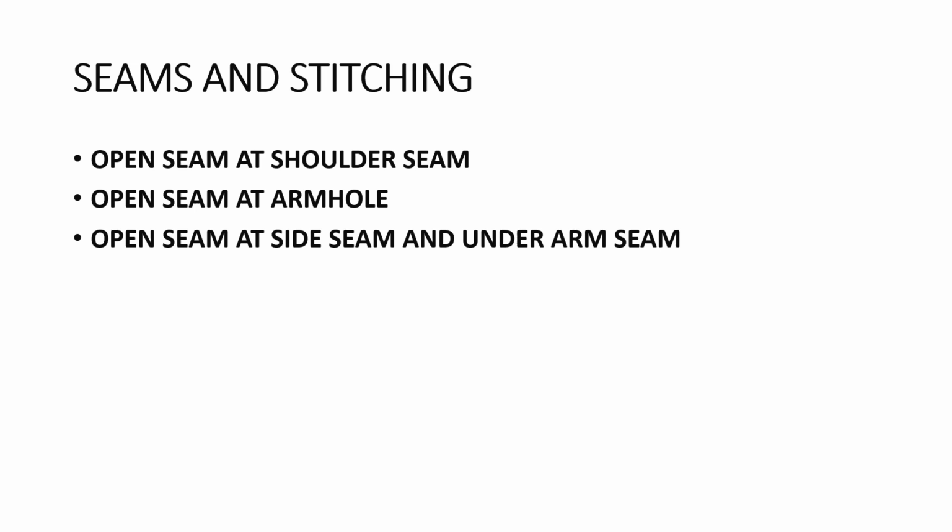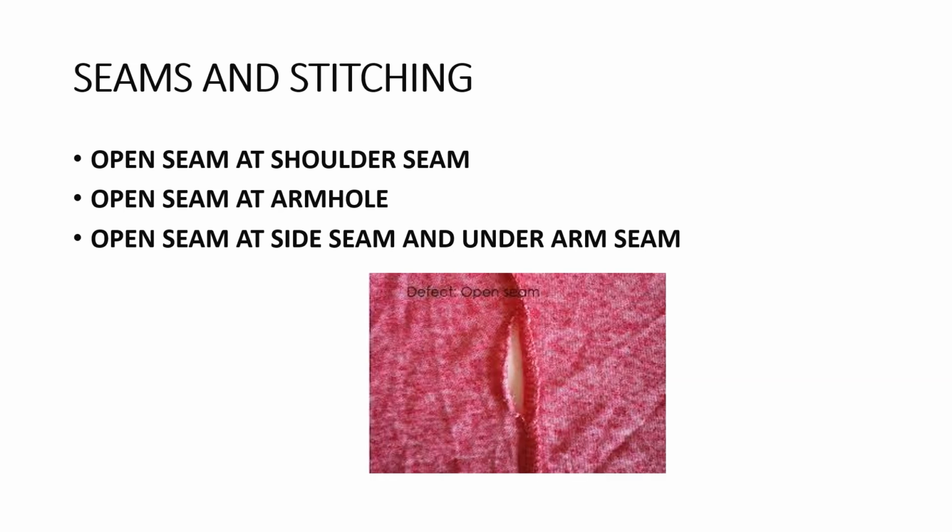Now it also talks about open seam at the shoulder seam, open seam at the armhole, and open seam at the side seam and underarm seam. Those also need to be checked properly, then only we can produce a good quality garment. Now this is not all, students, there are a lot of accessories used in the garment.